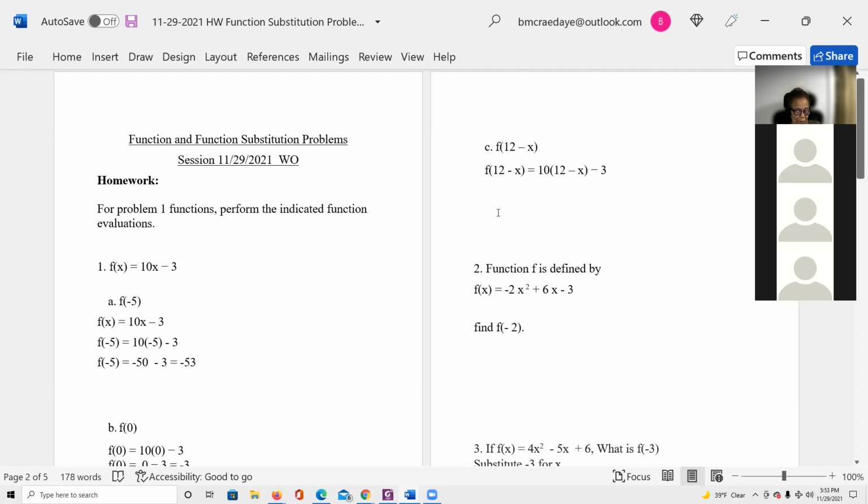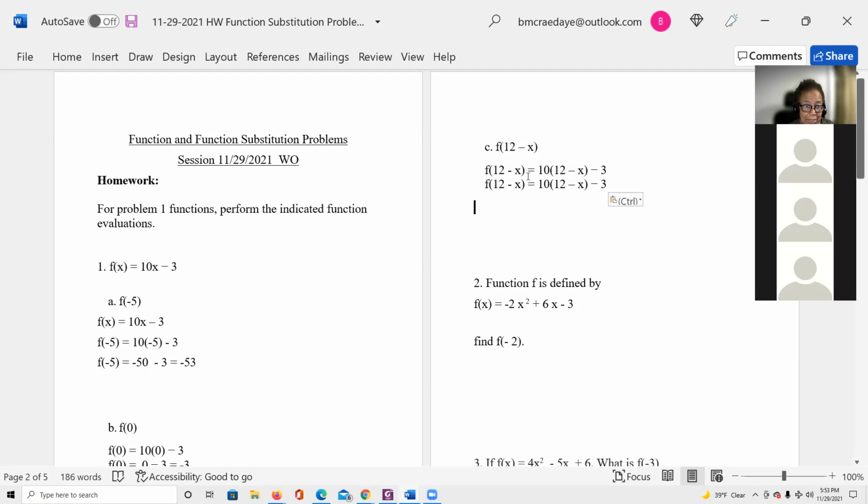Okay, it's 10 times 12 minus x, minus 3. What would f of 12 minus x be equal to? 10 times 12 is 120.